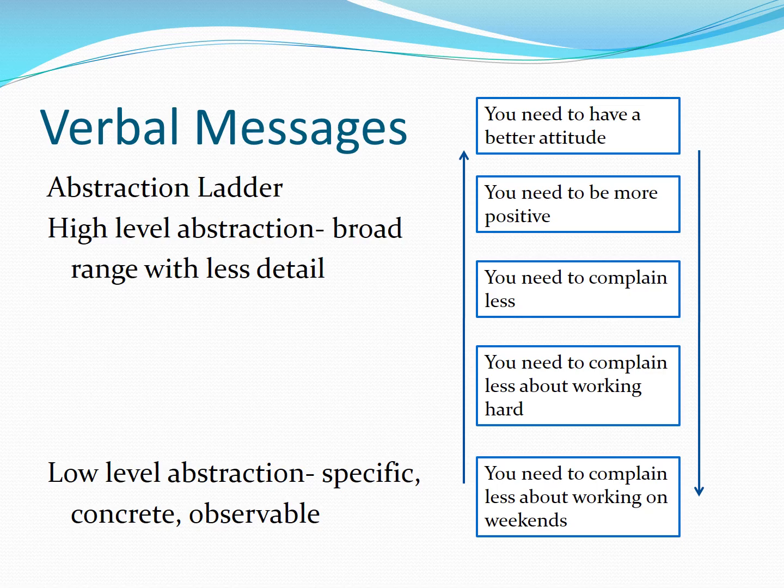You need to complain less about working on weekends. One of those things, you need to have a better attitude, is vague. It could be interpreted in a lot of different ways. But the bottom, the low-level abstraction, you need to complain less about working on weekends. You're likely to receive a better feedback and response if you provide that much directness.